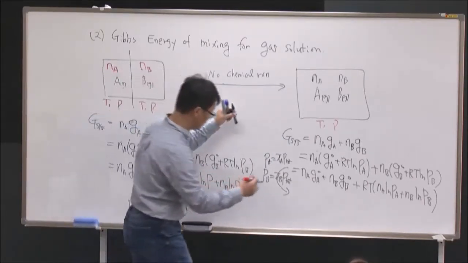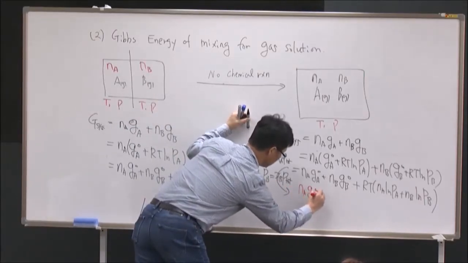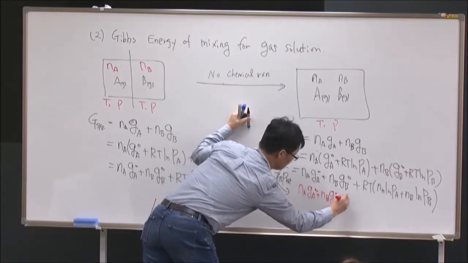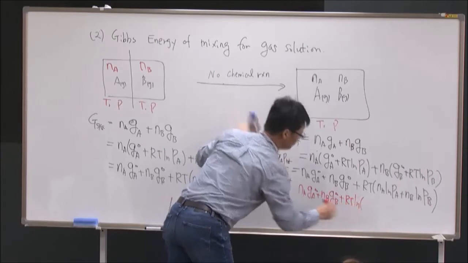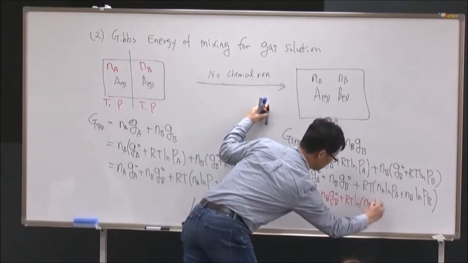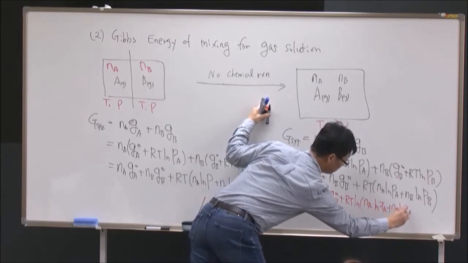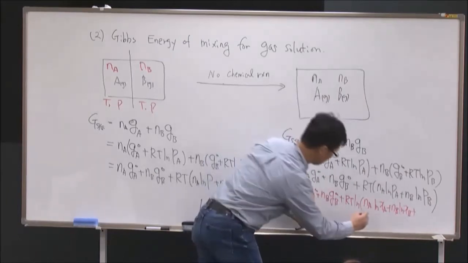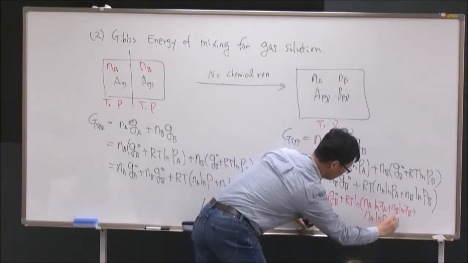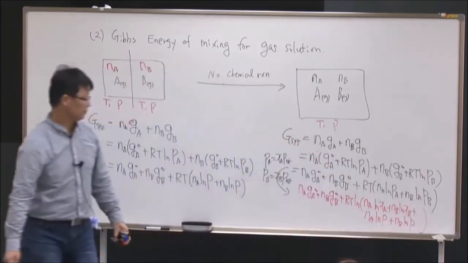So this becomes NA GA naught plus NB GB naught plus RT times ln, and this part here: NA ln XA plus NB ln XB plus NA ln P plus NB ln P. So it becomes like this.